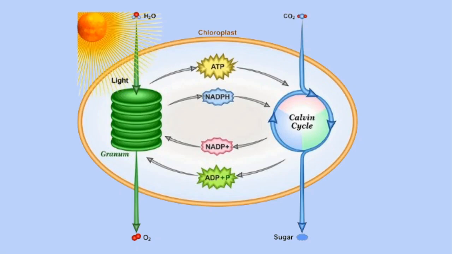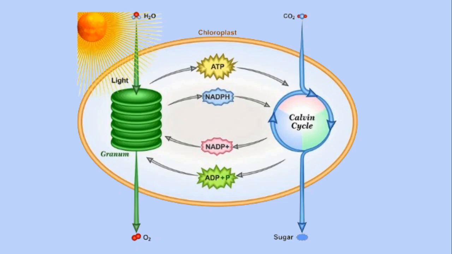And the oxygen is given out as molecular oxygen to the atmosphere. Okay, so here in the light reaction that is happening in the thylakoid, we have got NADPH and ATP as a byproduct from the light reaction, right?